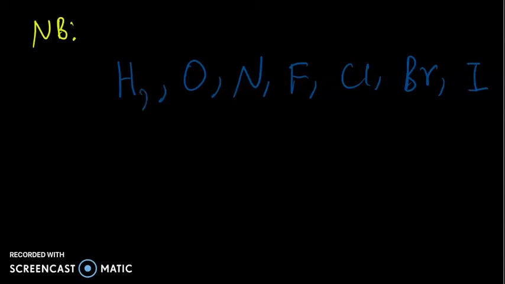So you have to add a 2 down here when you are writing chemical equations with these elements. These are the 7 diatomic elements that you should be aware of when you're writing chemical equations.